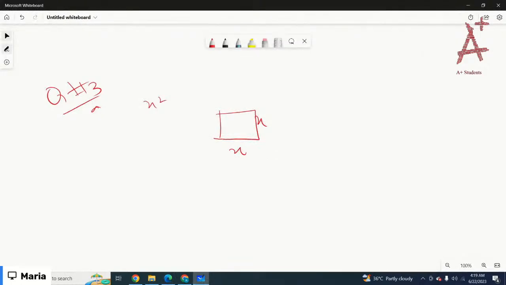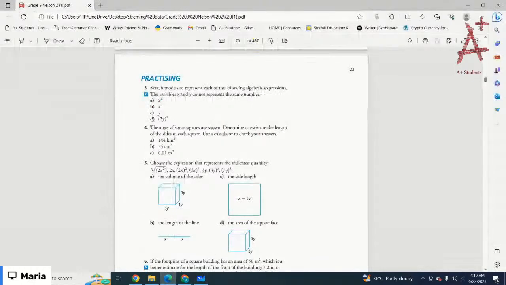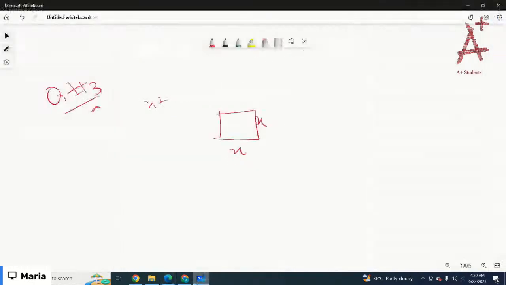Got it? Okay, the next one is x cube. X cube means you have a three-dimensional shape. It would be a cube. It would look like this. So it would be x, x, and x that represents x cube. Got it?